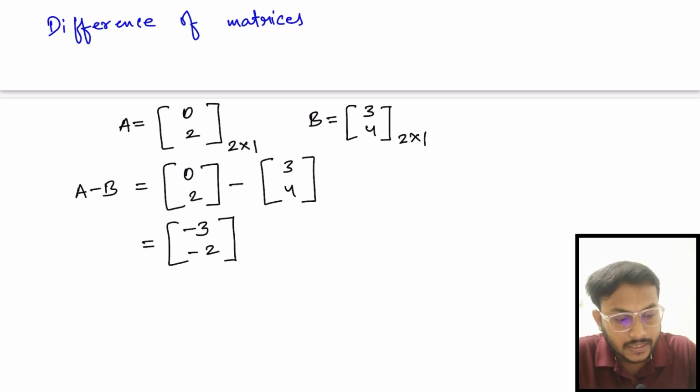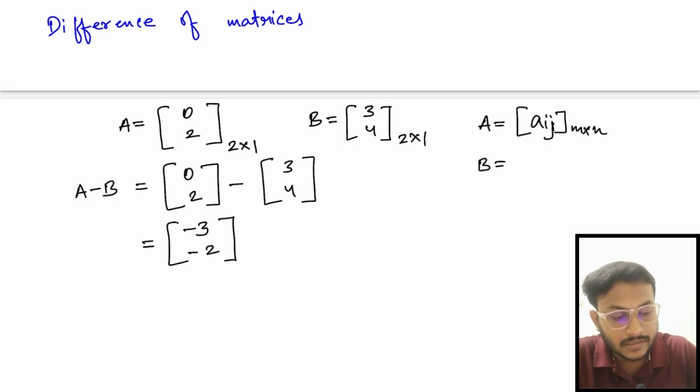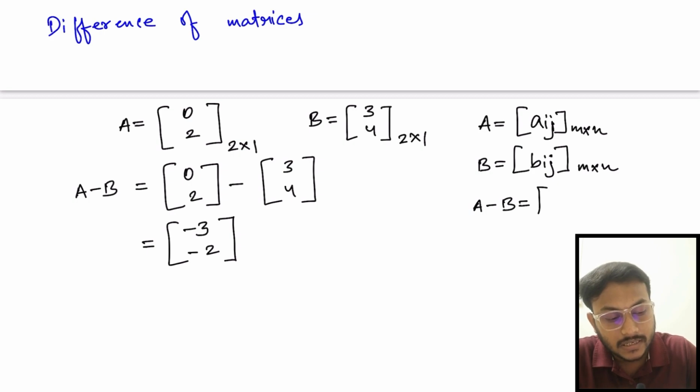So we can write in general, A is the matrix that has elements Aij and has order m by n. B is the matrix that has elements Bij and has order m by n.